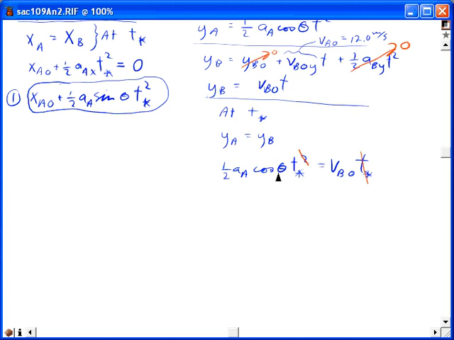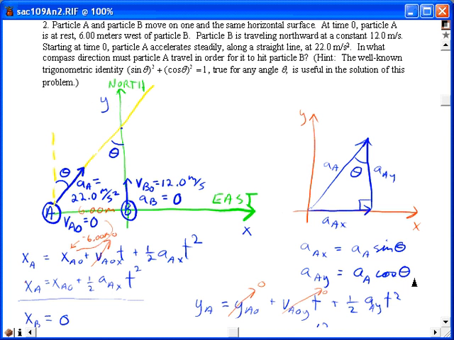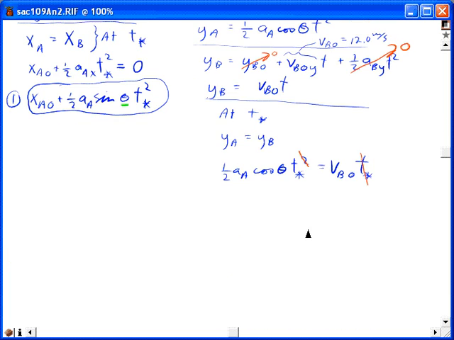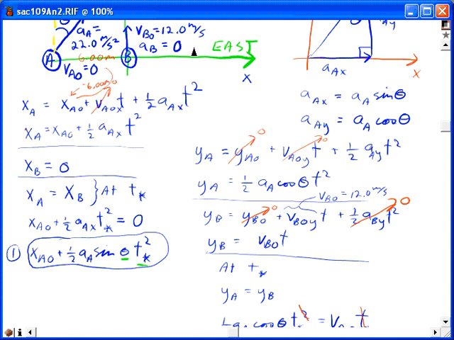We're looking for theta. I've got two equations and two unknowns. The two unknowns are theta, the angle at which particle A is traveling, and the collision time t star. A sub A was given as 22 meters per second squared.